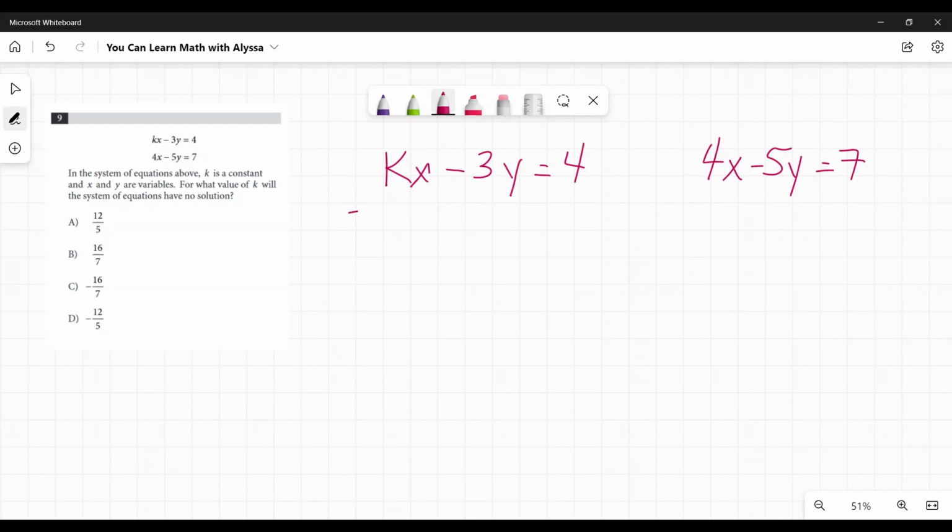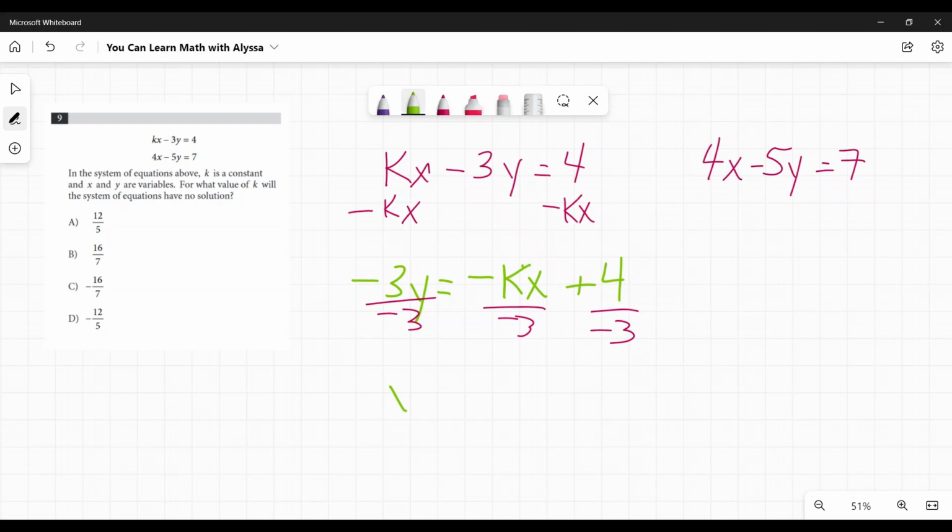So I'm going to subtract kx from both sides, and that gets me a negative 3y on the left, and on the right, negative kx plus 4. To get rid of that negative 3, I need to divide everything by negative 3. And I am left with y equals, those negatives there cancel out.